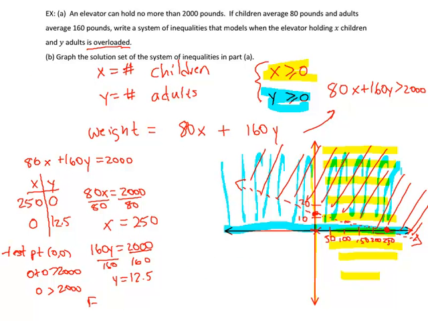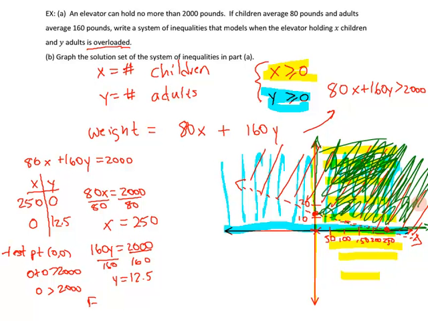So what region is that? Well, let's draw it with a green line here. It includes this line. It doesn't include this, but it includes the x-axis this way, and everything over here above the line is the solution.